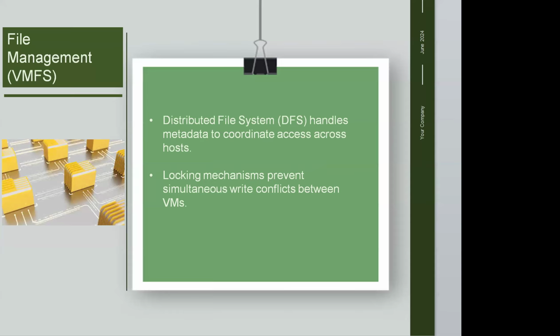Also, it avoids corruption and ensures safe simultaneous access. And this is very important, especially in this environment right now. You always need security, no matter what operating system it is, and a robust security system as well.